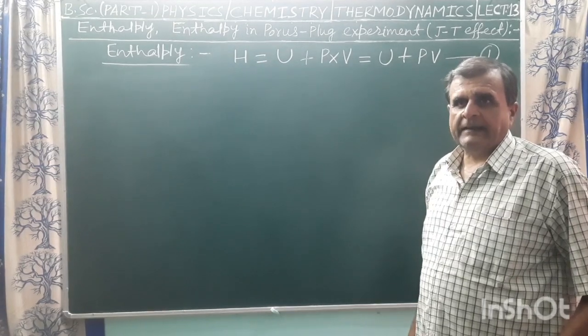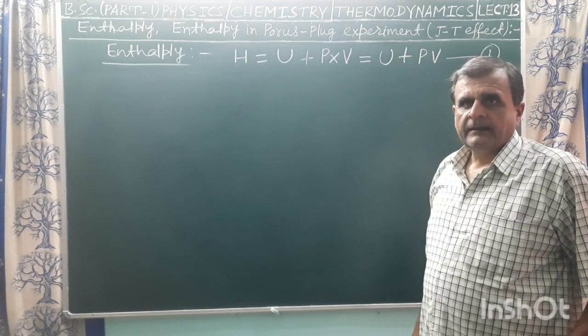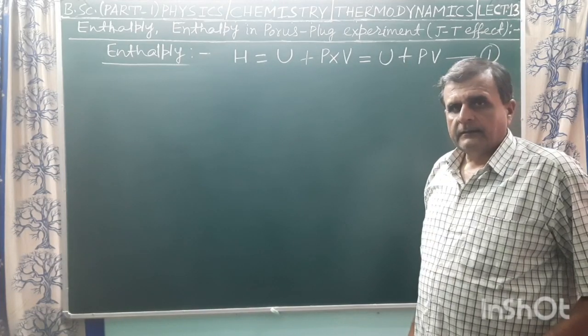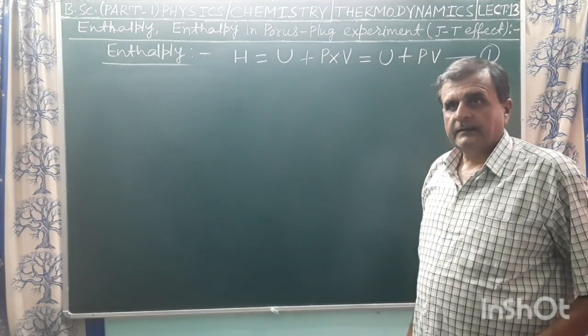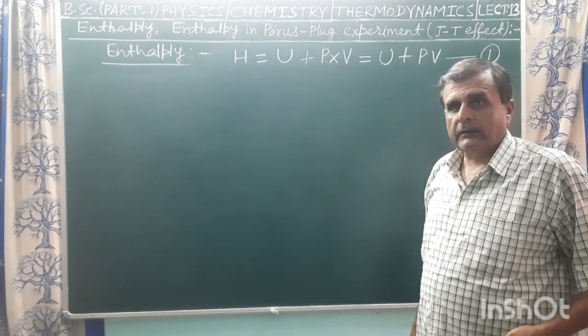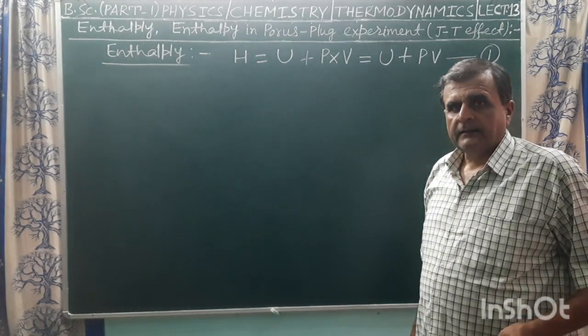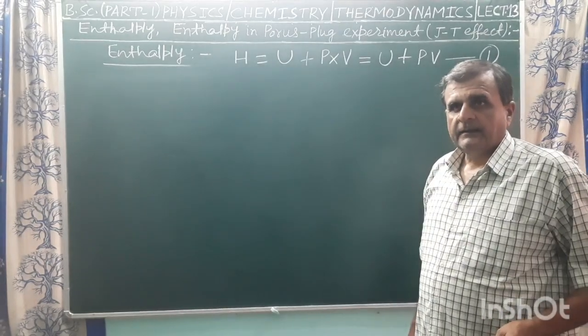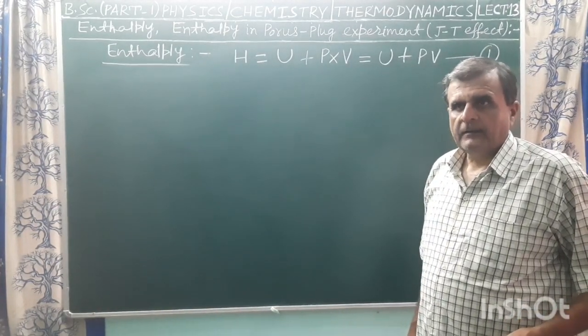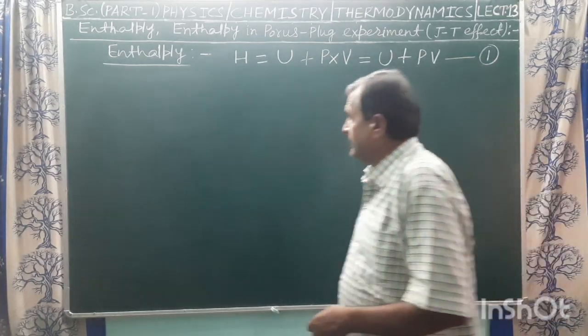Now we have to show that enthalpy during the isobaric process, that is, change in enthalpy during the isobaric process, HF minus HI, is equal to heat transferred or available energy.